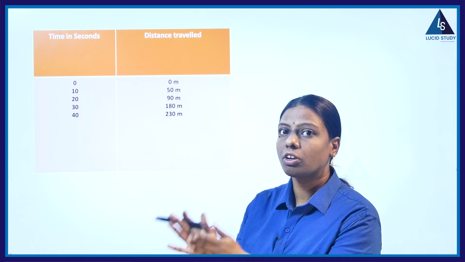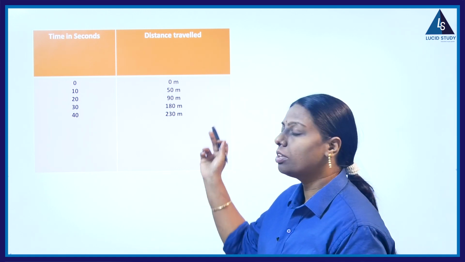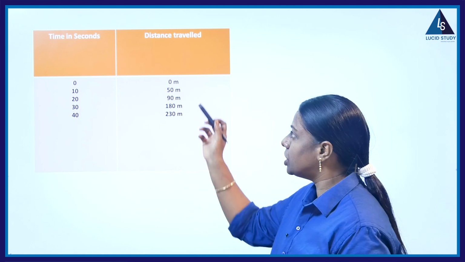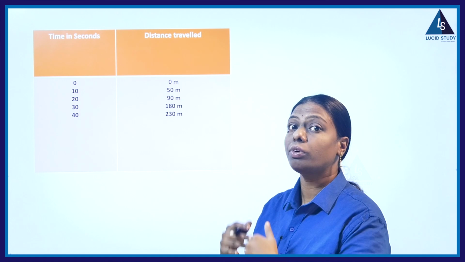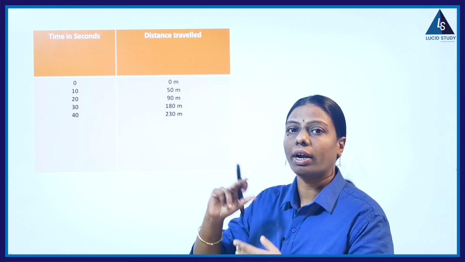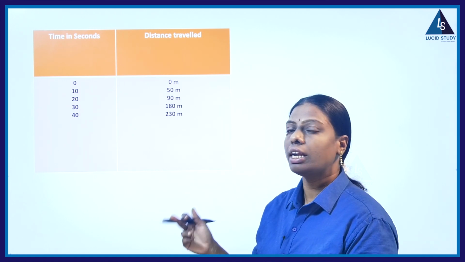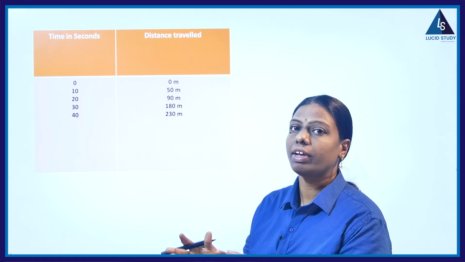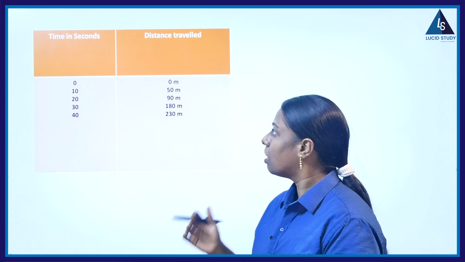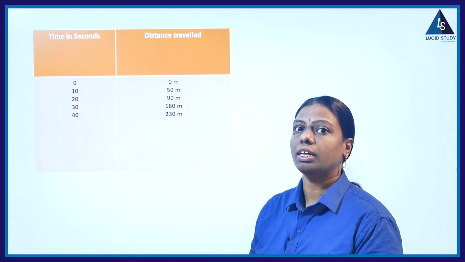The time interval is constant there. What about the distance travelled? Initially it has travelled 50 meters, then 90 meters. That means the variation there is 40 meters. From 90 to 180, the variation is 90 meters. From 180 to 230, it is 50 meters.